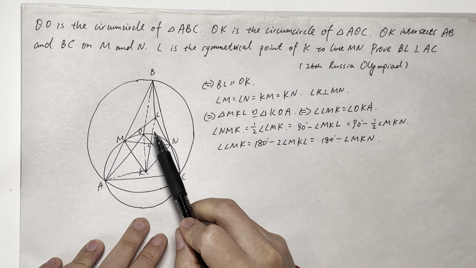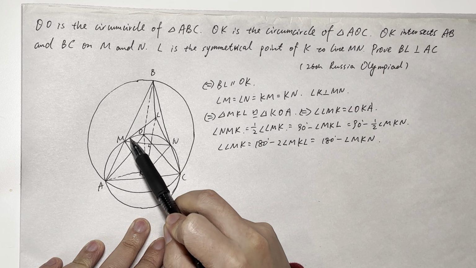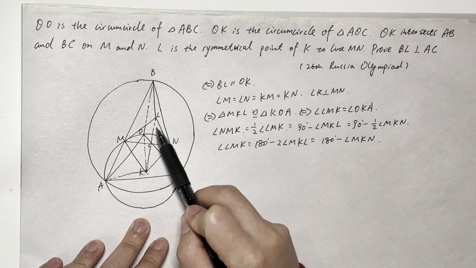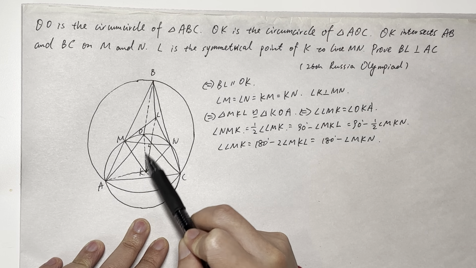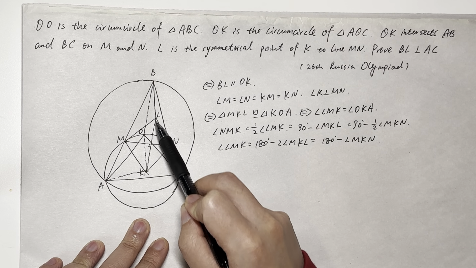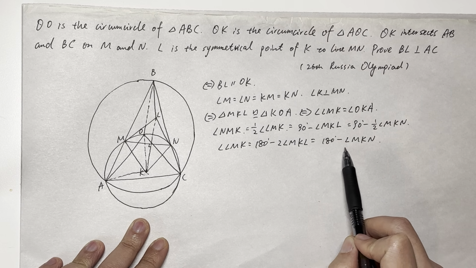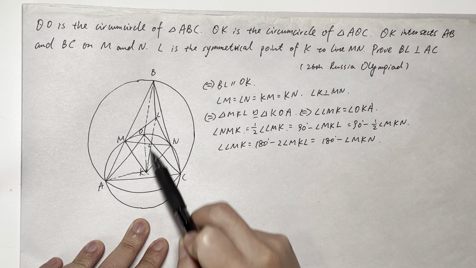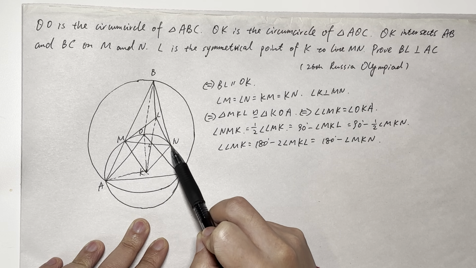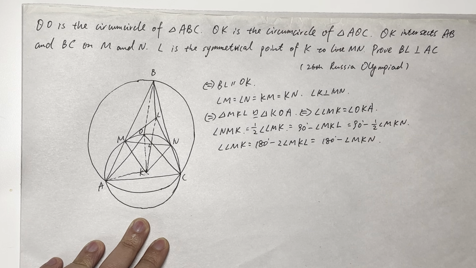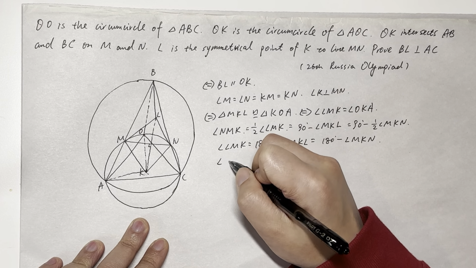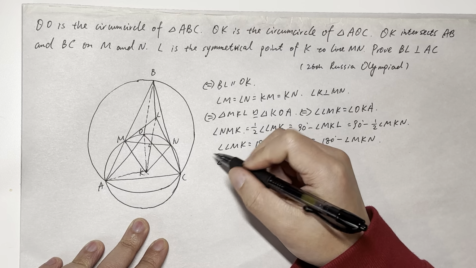Right? So the angle LMK, this one, equals 180 degrees minus this one. That's twice of angle LKM or MKL, which means twice of angle MKL is angle MKN. Right? And what about angle OKA?